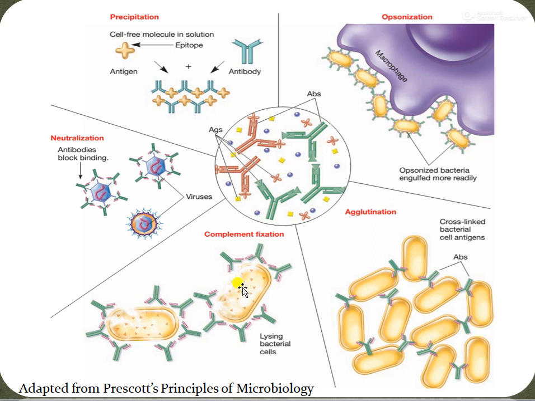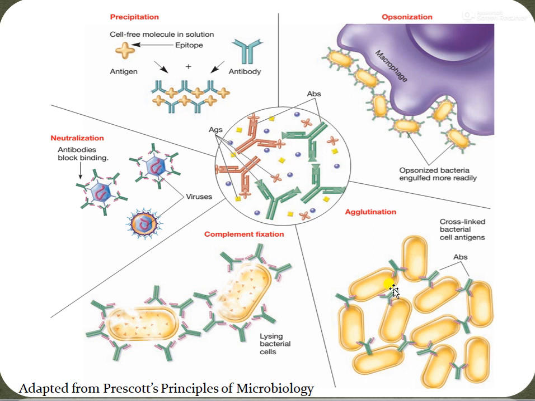Various other proteins called complements aid in the lysis of the bacterial cell, and a complement fixation reaction can happen. And sometimes you can also see that if there is a particulate antigen, you know what a particulate is? Particulate means something which is solid. It's like a particle. It's not soluble like cells.